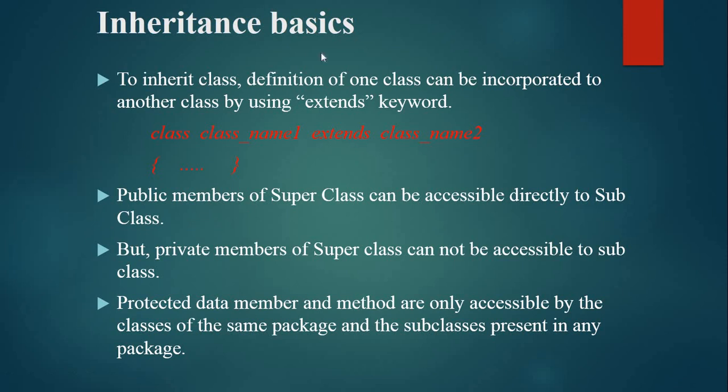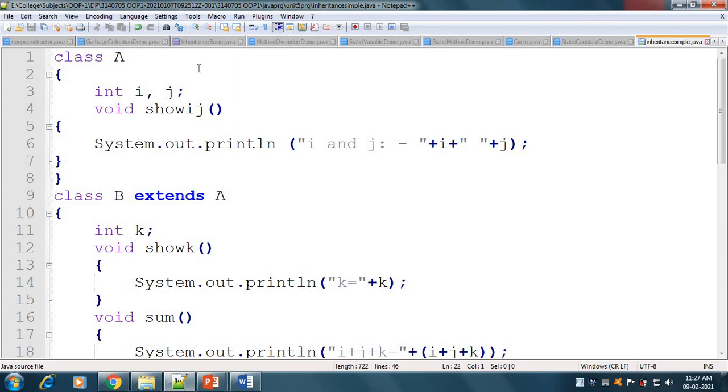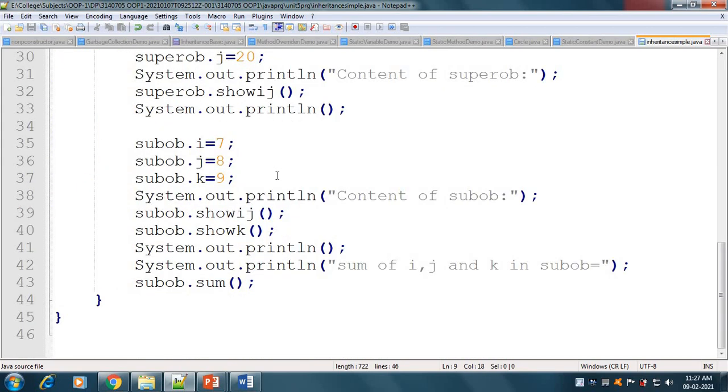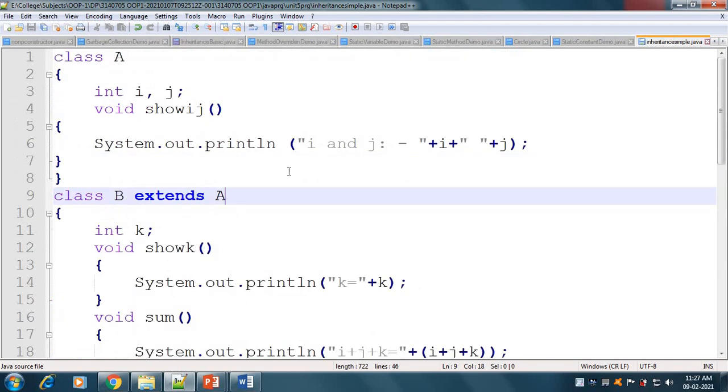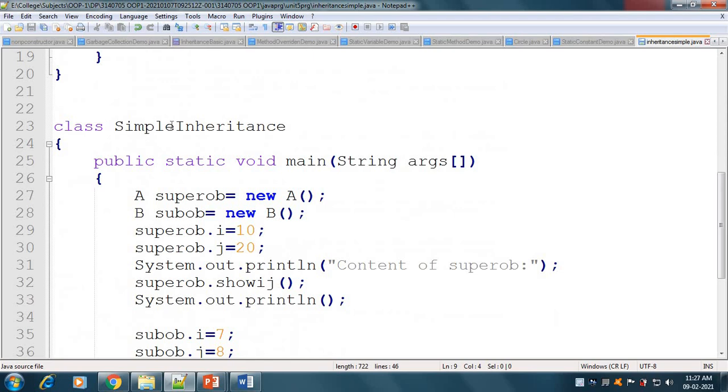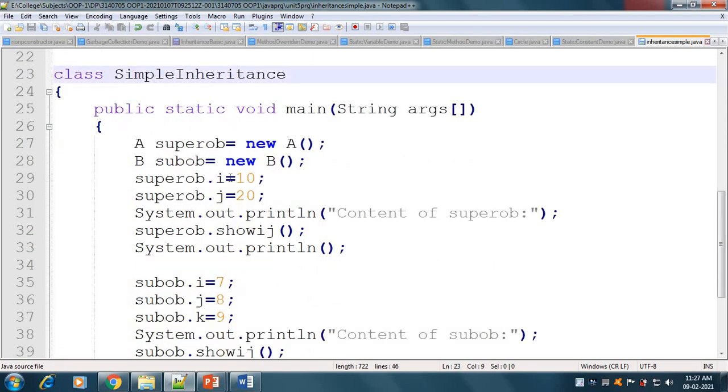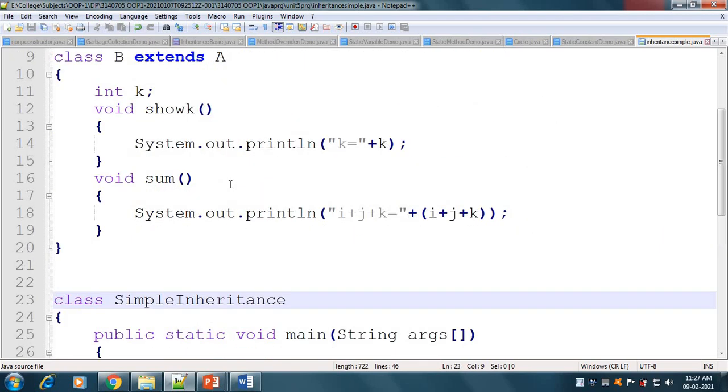Now let's understand the concept of simple inheritance by an example. So here we have an example of simple inheritance. In this example we have class A, then class B, and a class SimpleInheritance.